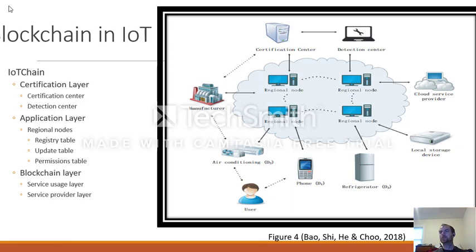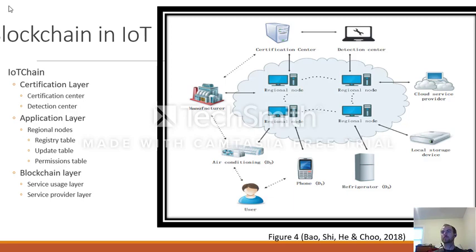Regional nodes hold registry tables, so each device connected to the network needs to be registered. An update table, which is a table that records what devices are up to date.